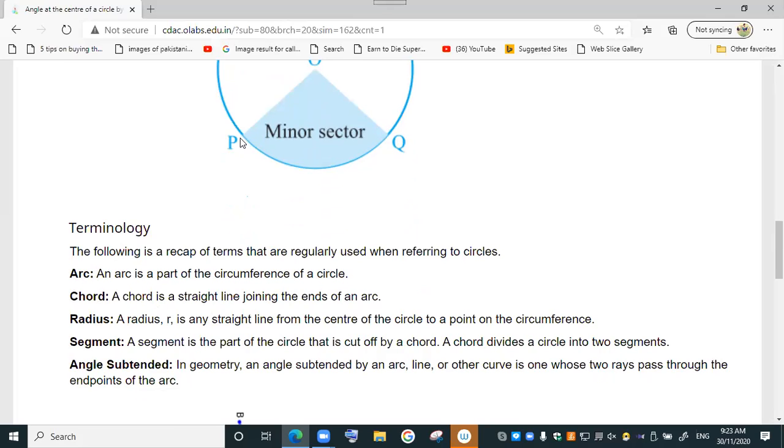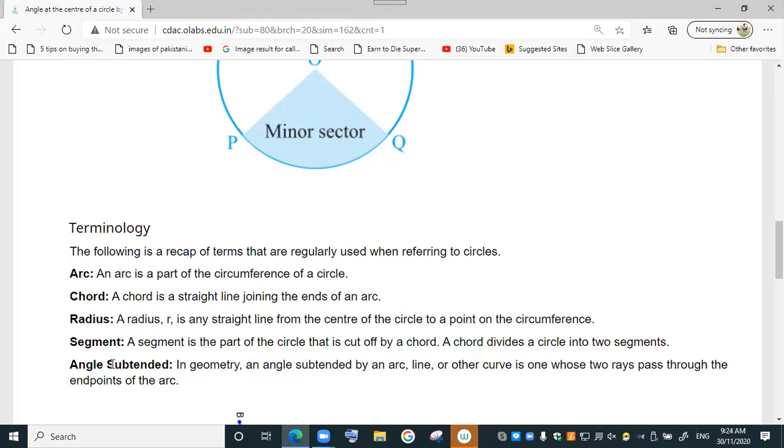Arc is a curved part from P to Q. An arc is on the circumference of a circle, a part of the circumference. A chord is a straight line joining the ends of an arc. If we draw a line from here to here like this, that is called the chord.